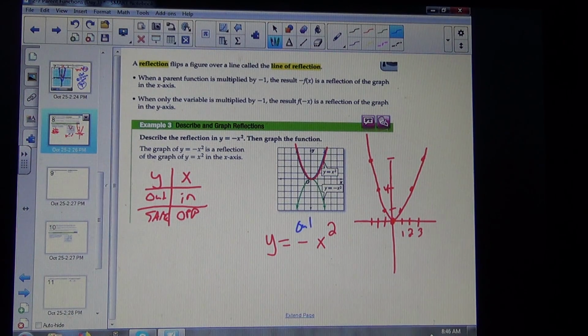If you want it inside, you have to put parentheses around it and group it, and then it's inside. The one we have though is on the outside. So on the outside, well, let's think about it. The y values are changing, which means it's going to go up or down. So what's happening? There's a negative 1 that is being multiplied to every y value.